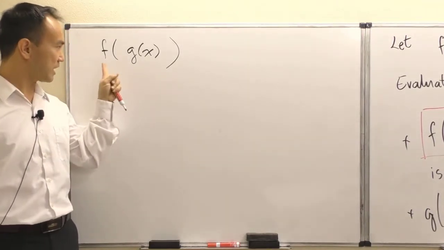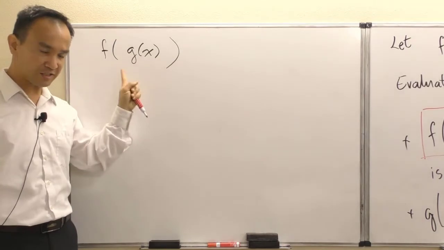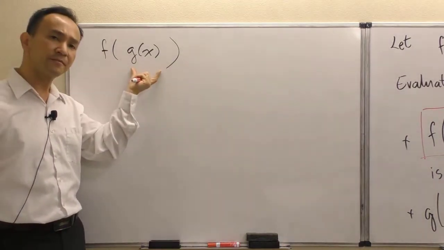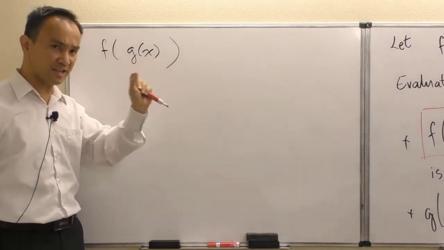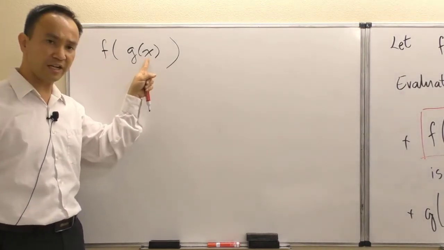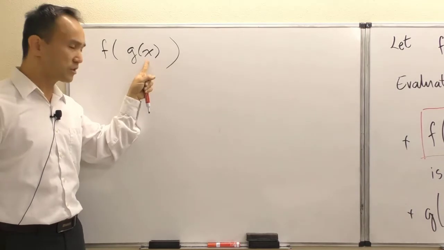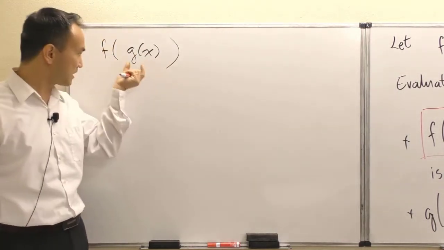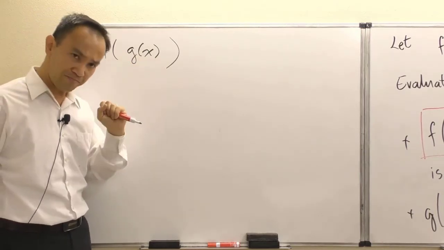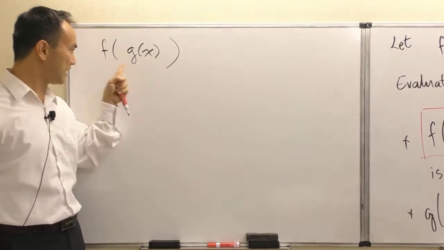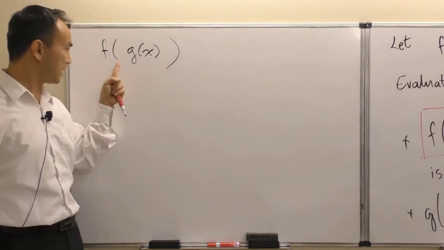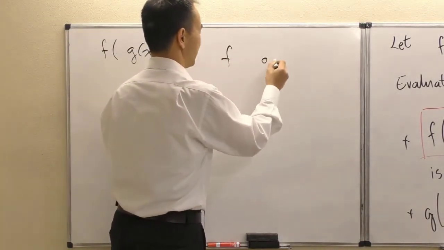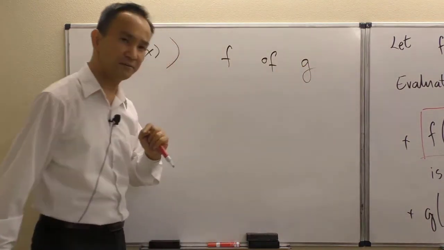The way it reads is f of, because the parentheses is here and we know f is a function, so f of g. Usually, for short, we can ignore the input here, because it can be x or whatever, but mainly it's a function g in here as well. So mainly it's f of g.